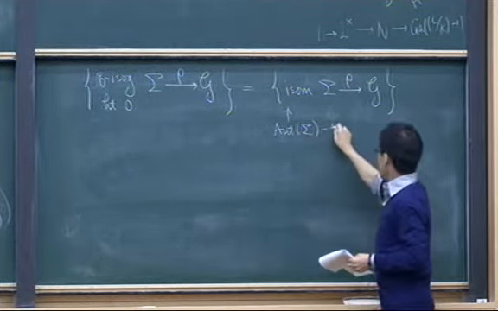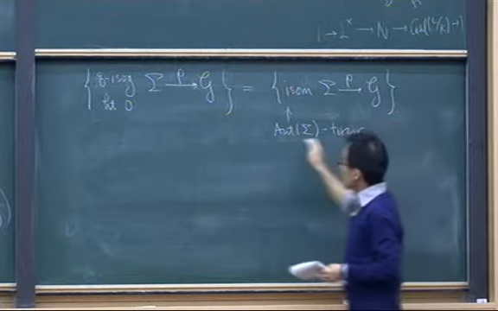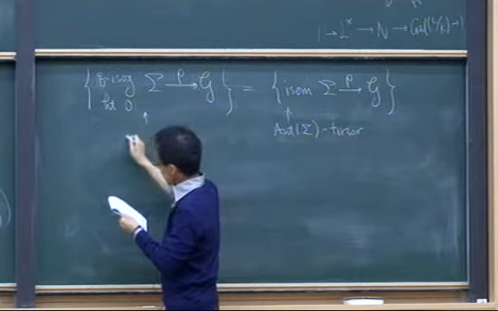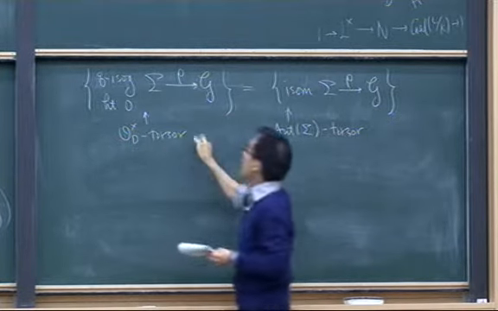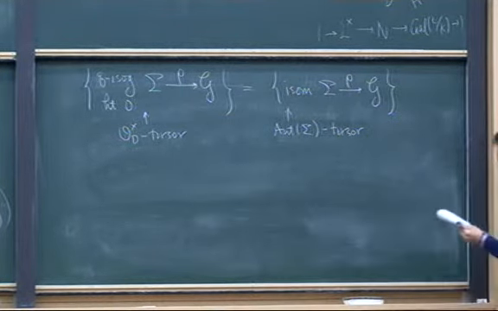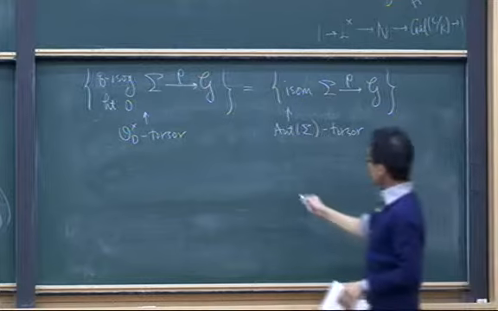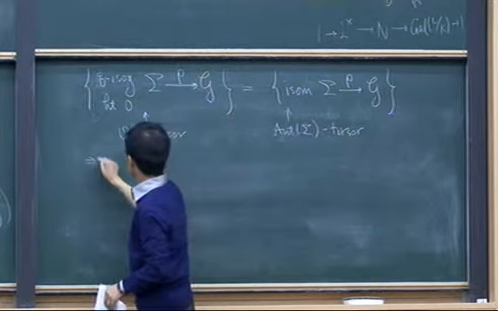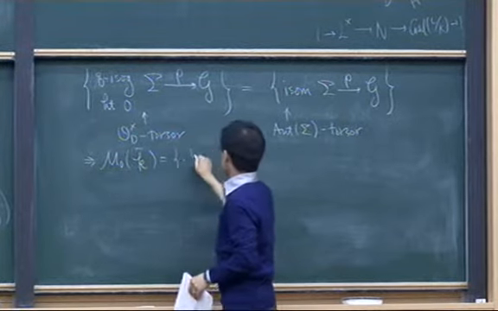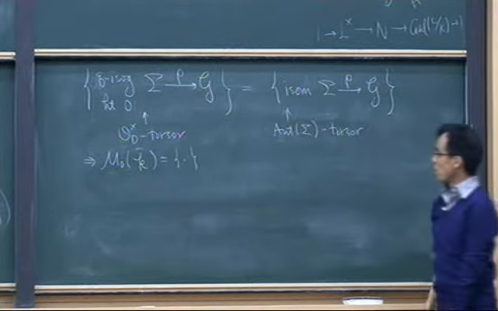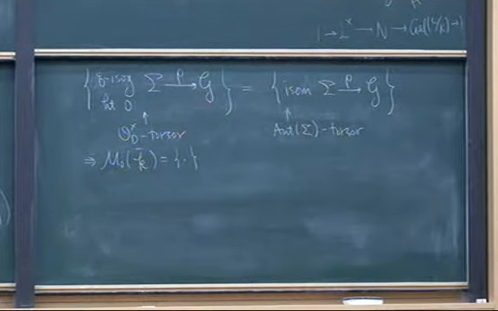This set being an automorphism group torsor, and this set being an O_D cross torsor, and these are equal. So there's only one point over k bar.